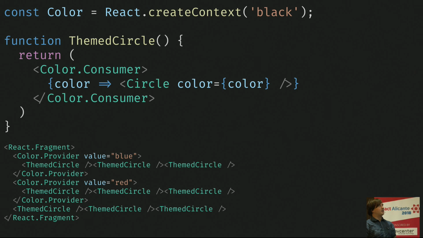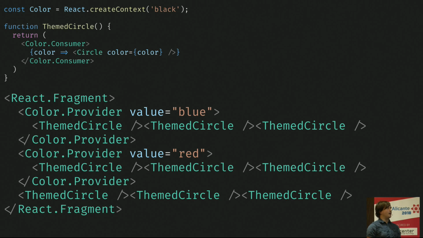So in this case, I've made a themed circle component that renders a circle with a color based on the theme. So I can use that multiple times with multiple providers. So here I've gone for one provider that provides the value blue, another provider that provides the value red, and then some circles that are not in any provider at all. Now in this example, the themed circles are directly beneath the provider, but they can be any level of arbitrary nesting.